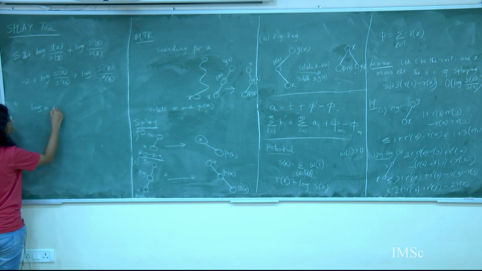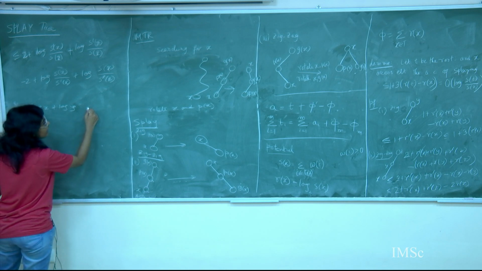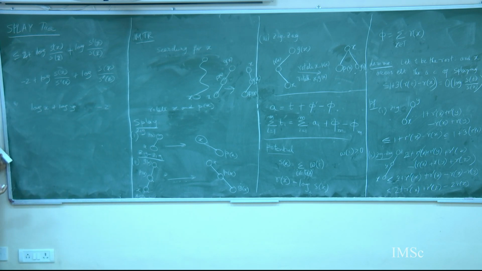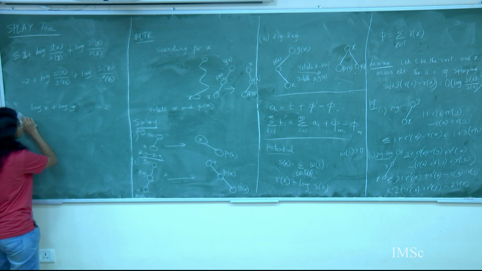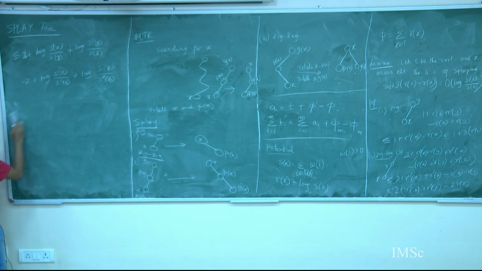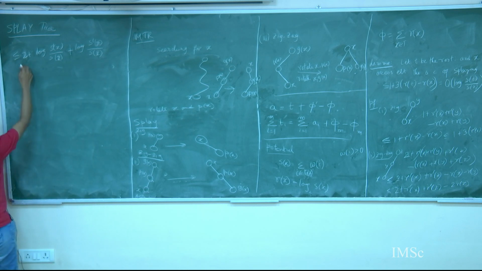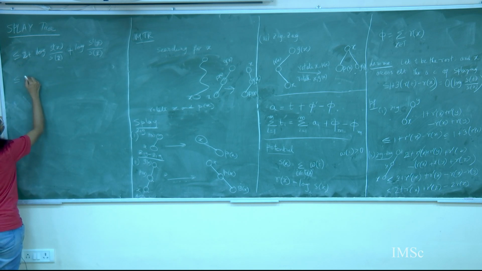If you look at this function, it achieves a maximum value of minus 2 when x and y are half. So from there this term will have an upper bound. This inequality here will have an upper bound of 2 plus that.